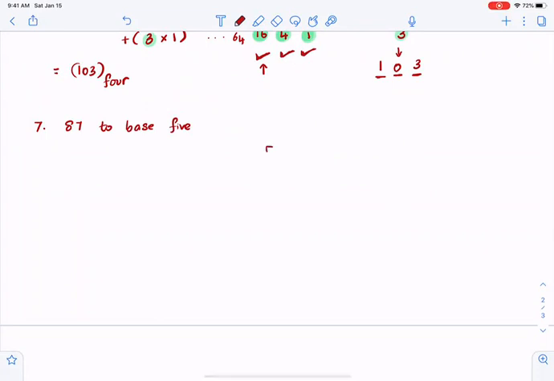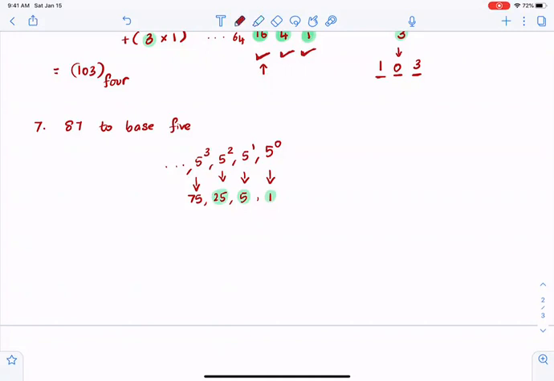So write out the powers: 5 raised 0, 5 raised 1, 5 raised 2, 5 raised 3, 1, 5, 25, and 75. That would mean 1 is less than 87, 5 is less than 87, 25 is less than 87. So my base 5 number must have 3 digits.